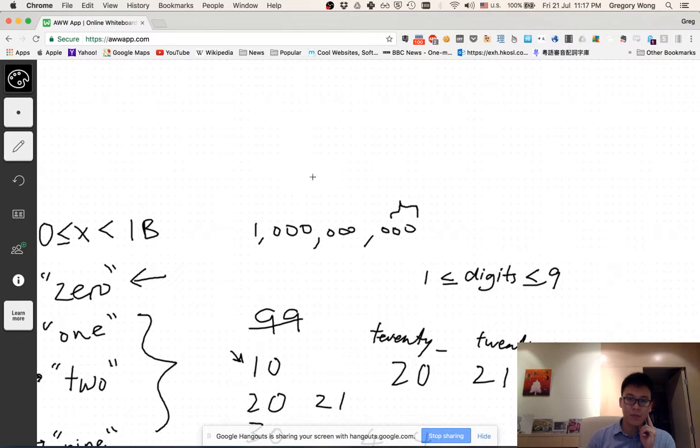So the largest number is 999 million. If we ignore the last 2 digits, we're looking at the number and then at what place this is.